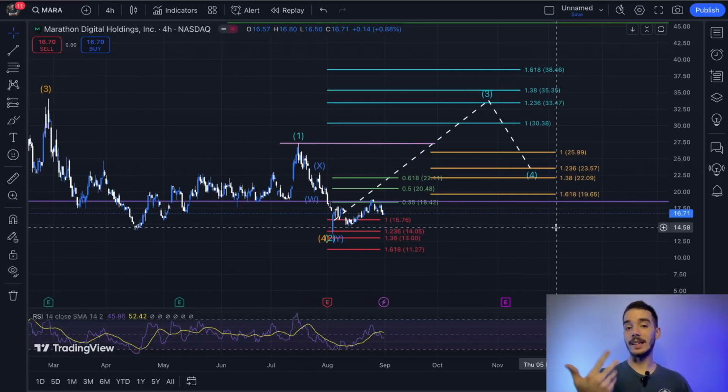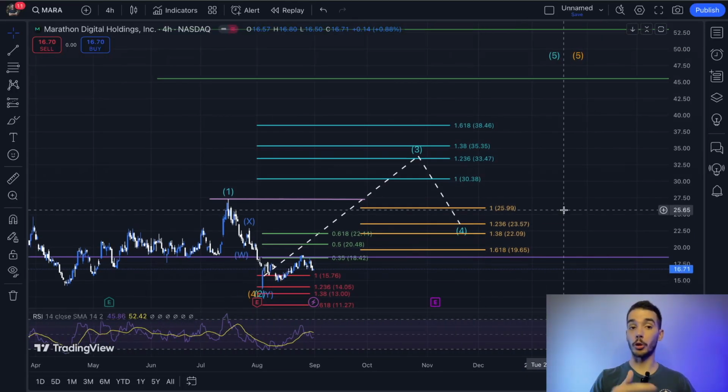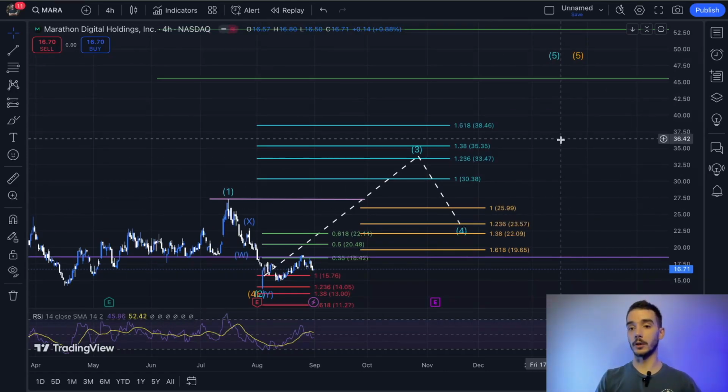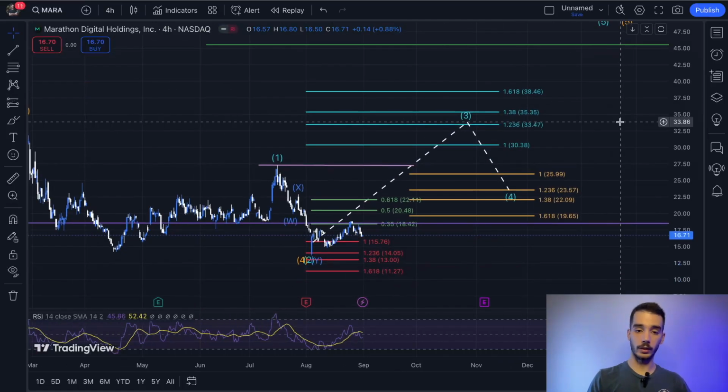But this can take easily between 13 to 15 months to happen. So this isn't something that's going to happen short term, it's not going to happen now or soon. It can take easily over a year for this to happen, and that's what I'm expecting.